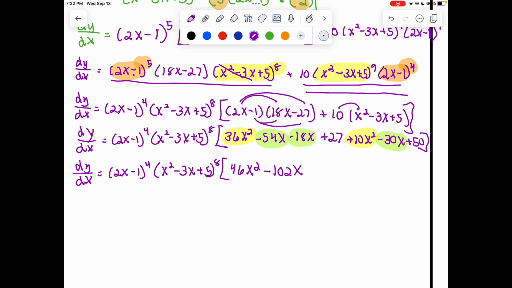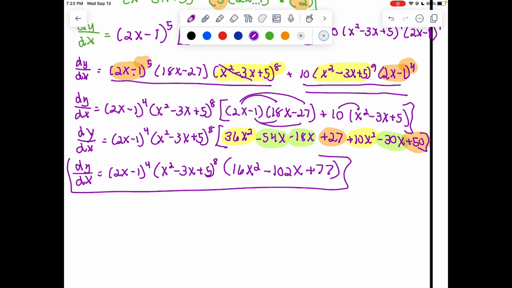And then last but not least, I'm going to add 27 to 50 to get plus 77. And this is our final answer. I'm going to change this bracket to a parenthesis so it looks a little better. And that is the derivative of this function.